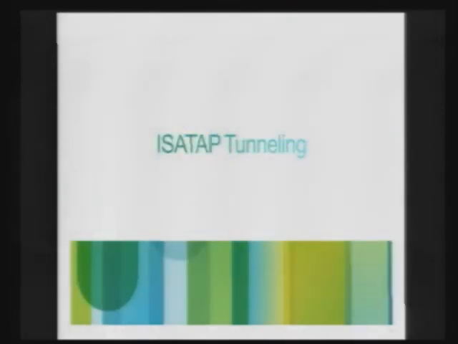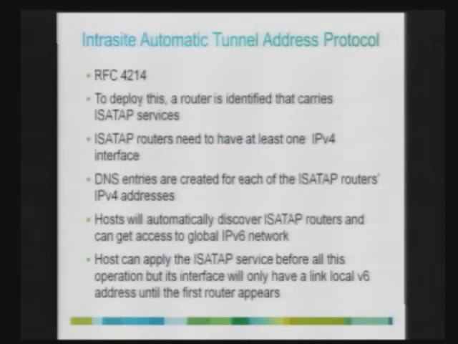Any questions on 6to4? We have one more tunnel we are covering, ISATAP, the Intra-Site Automatic Tunnel Addressing Protocol. Somewhat similar, in this case also an IPv4 address is embedded in an IPv6 address.